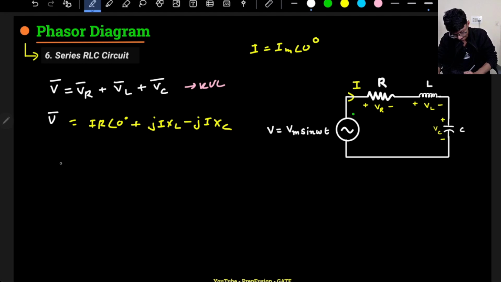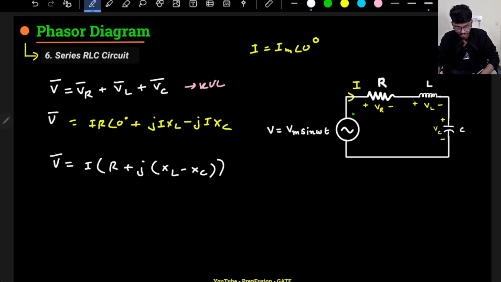that your V will be I, if I take it common, R plus j into XL minus XC. So V by I, the phasor quantities, the impedance Z will be coming out as R plus j into XL minus XC.